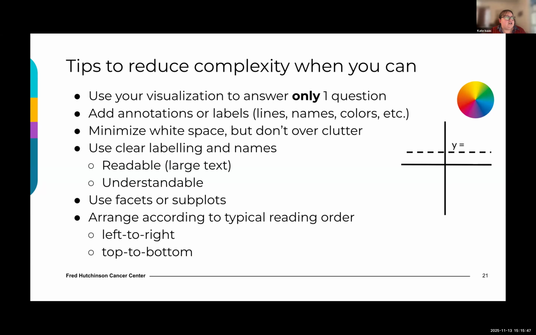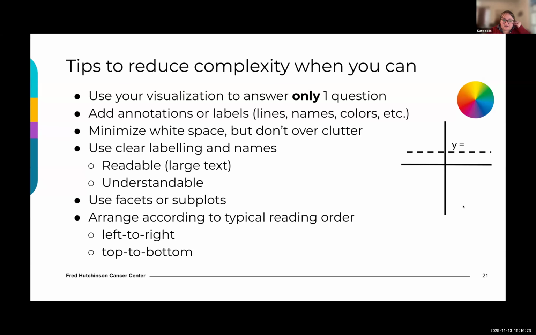A second suggestion is to add annotations or labels, such as dashed lines, names, colors, anything that can help add some clarity to what you're showing and might show different groups or might show a baseline and defines important information. Now, while I think it's really important to add these annotations or labels, you want to make sure to not overclutter your plot and have everything just on top of each other. You also want to minimize white space, so there's not too much white space with nothing going on.